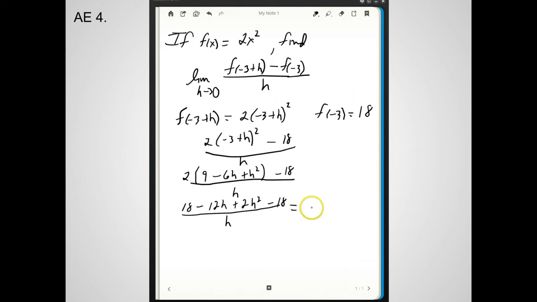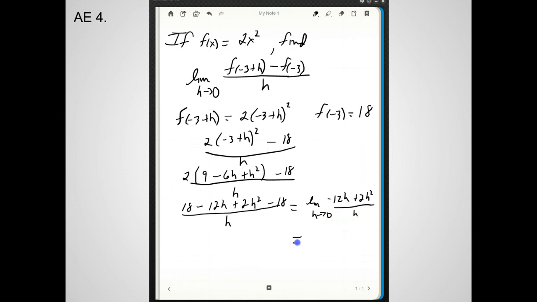And what I'm going to do then is realize we're trying to find the limit of negative 12h plus 2h squared divided by h as h approaches 0. To find this limit, again, when you substitute 0 in, you're going to get a value that's not defined. That requires us then to find another function in terms of h that has the same values as this function except at 0.